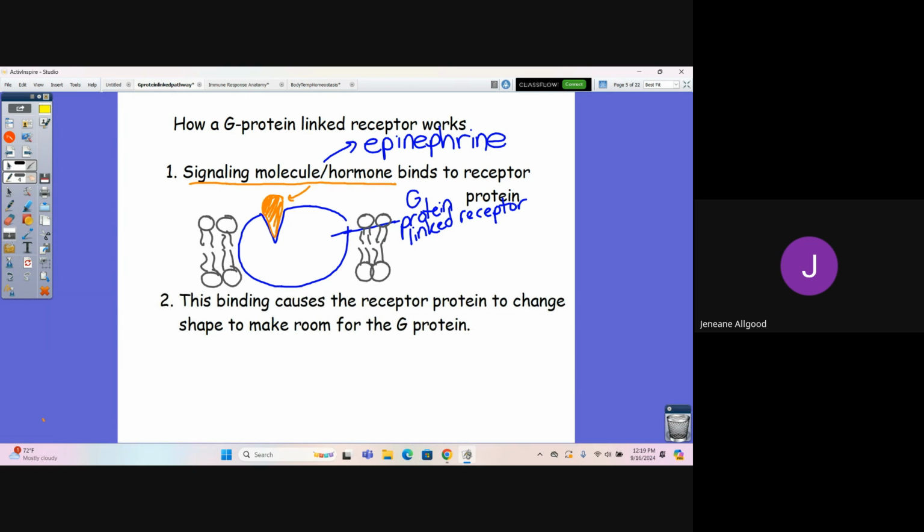Second step, the binding of that signaling molecule to the G protein linked receptor is going to cause that G protein linked receptor to change shape to make room for the binding of the G protein.